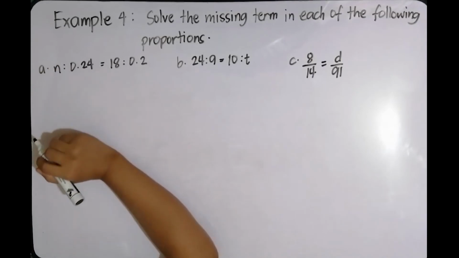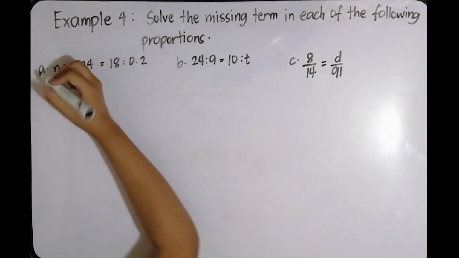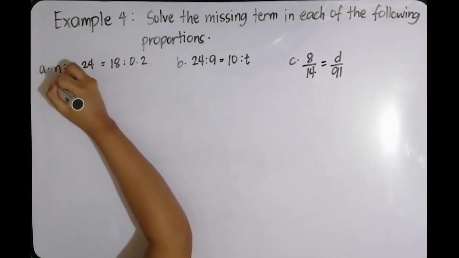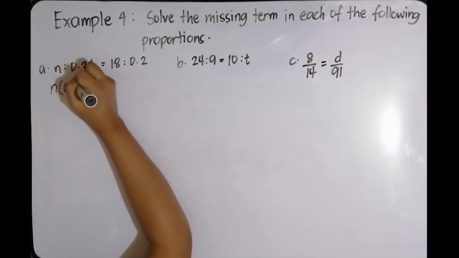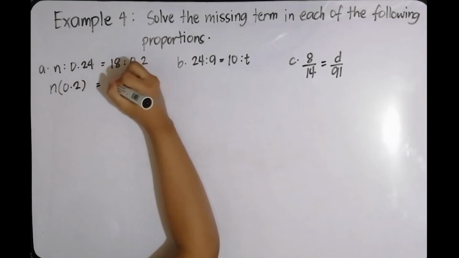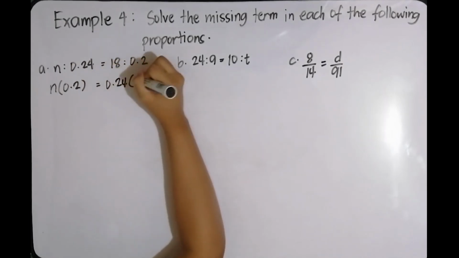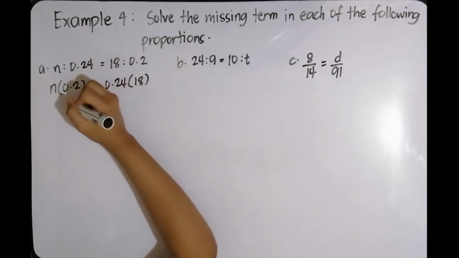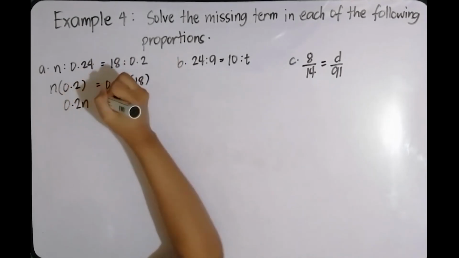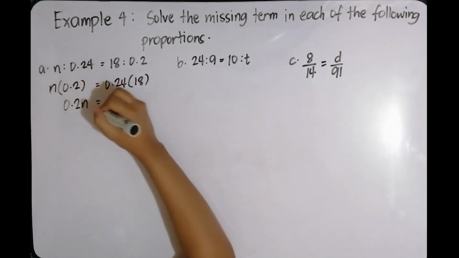So they should be equal. So we have n multiplied by the fourth term or the last term, which is 0.2, equals 0.24 multiplied by 18. So we have here 0.2n, because n multiplied by 0.2 is 0.2n.